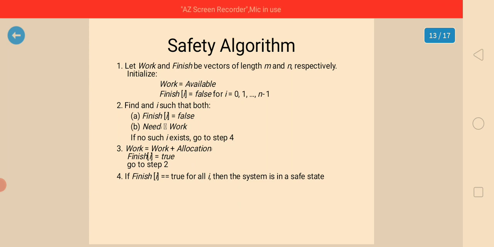If no such i exists, go to step 4. Work equals Work plus Allocation[i], Finish[i] equals true, go to step 2. If Finish[i] equals true for all i, then the system is in a safe state.